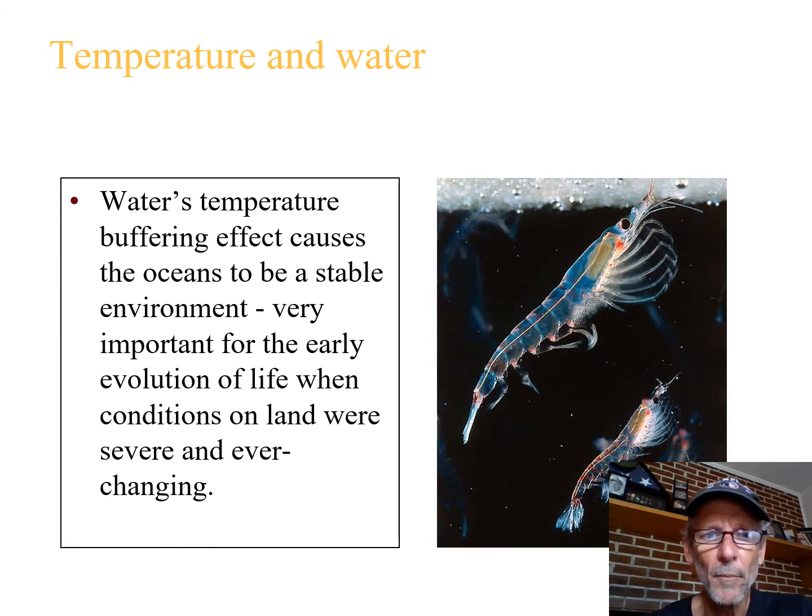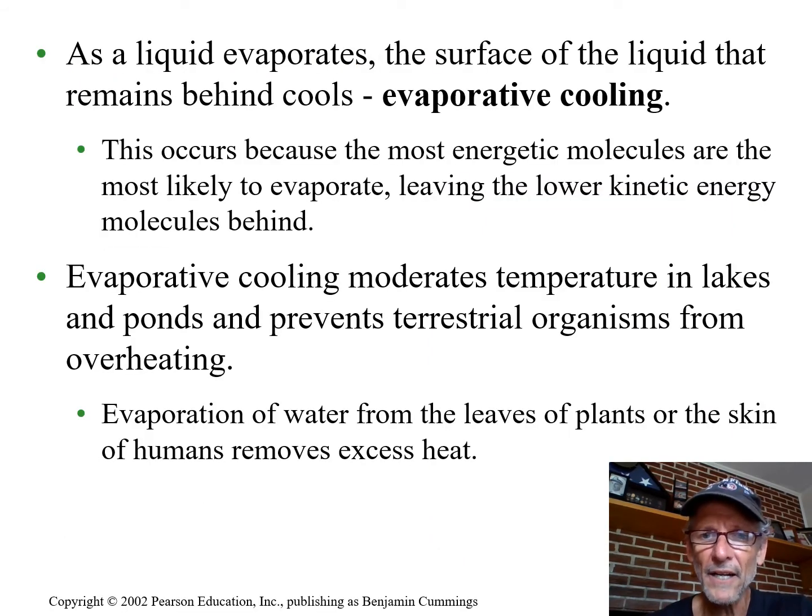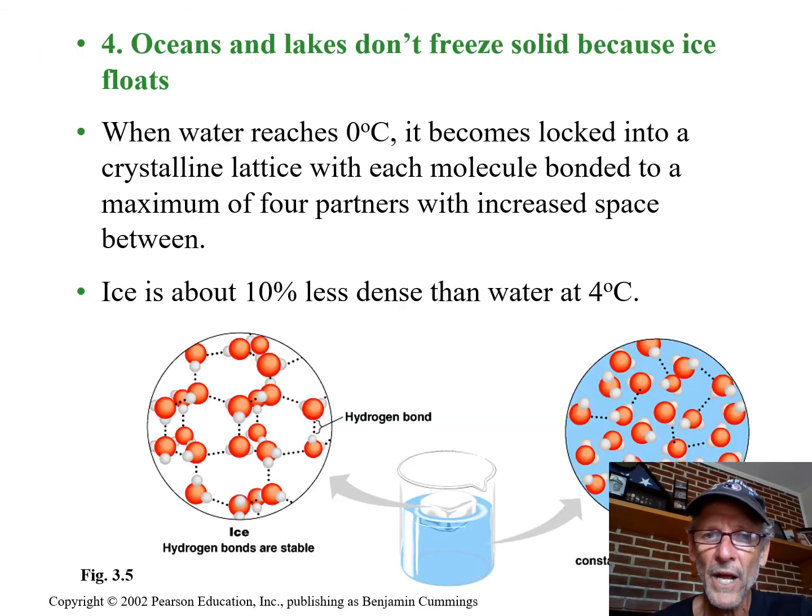So here you have the idea that this energy it takes to evaporate water, the heat of vaporization, helps keep things cool when water evaporates off their surface or out of them, like with plant transpiration and evaporation of your sweat. And here you have the ice thing. They didn't bring this up at all, but it's a property of water, and it's due to cohesion and hydrogen bonding.